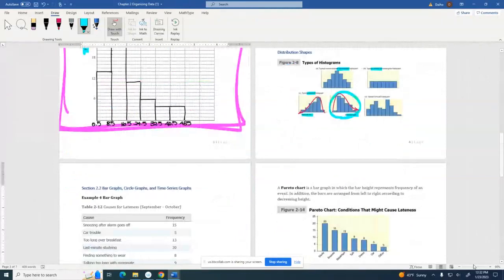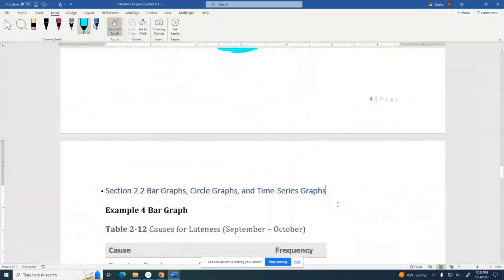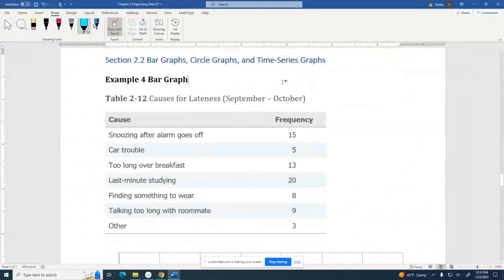Next Wednesday, I want to stop here, and we are going to take the quiz. But next Wednesday, we are also going to discuss how to make the bar graph and the circle graph. Have you ever heard of the pie chart? Yeah, a circle graph is a pie chart, right?